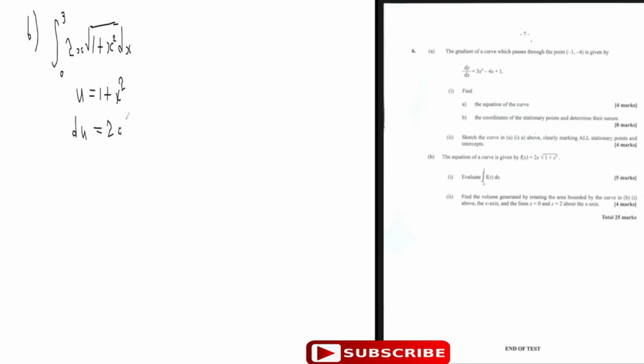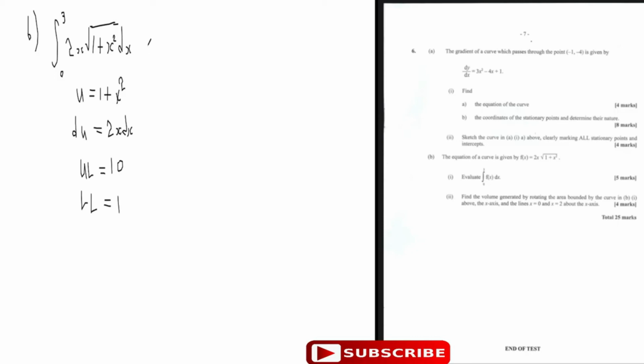And so that means you're going to change the limits. When x is 3, 3 squared is 9, plus 1 is 10, so the upper limit becomes 10. And for the lower limit, put in x as 0, and then 0 plus 1 is 1.